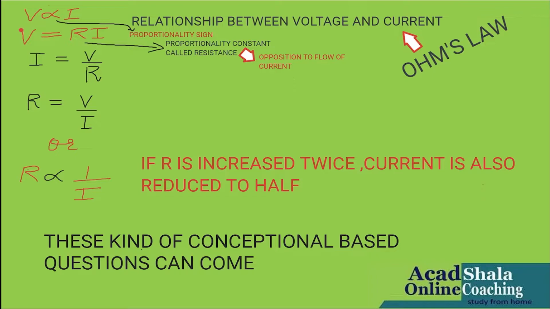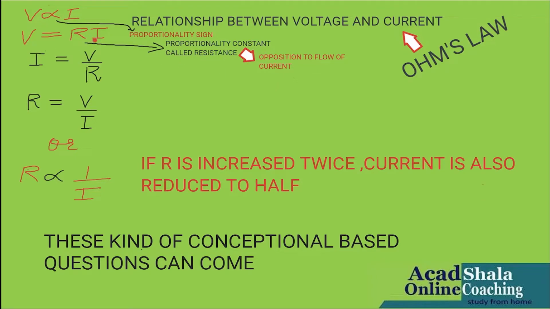So we will have the expression V is equal to IR. So R is the proportionality constant called resistance. And resistance is nothing but opposition to flow of current. This you have to keep in mind, students.